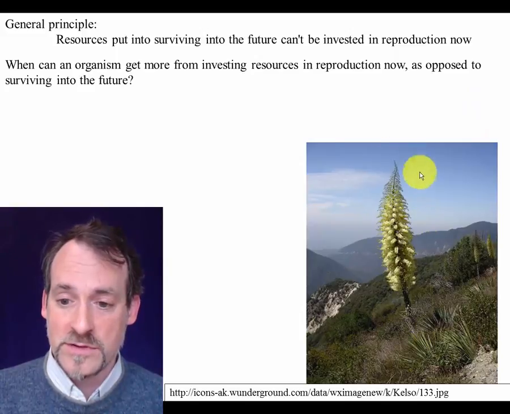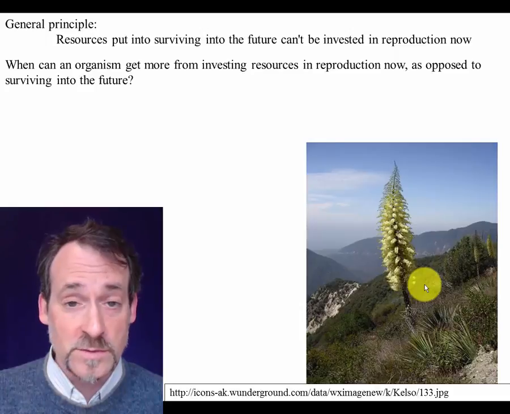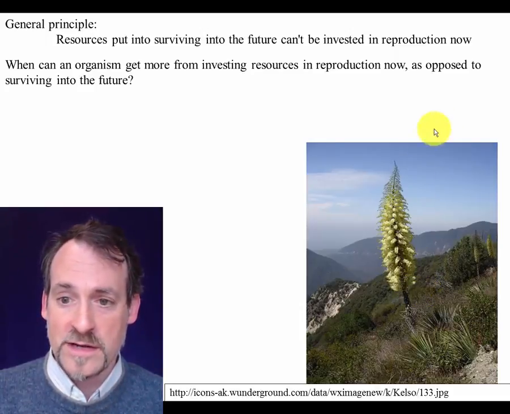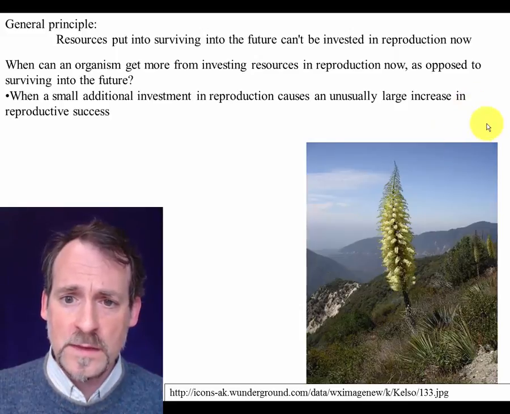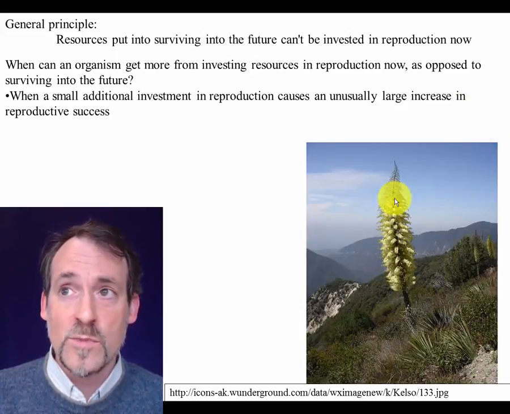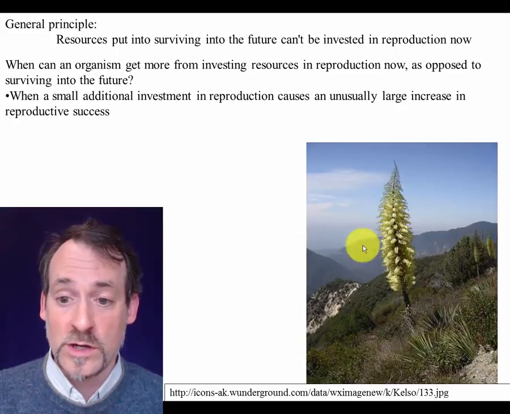This is a great example. This remarkable inflorescence, this group of flowers, is from a yucca plant that grows in the mountains of California. The interesting thing about this plant is that the more it puts into reproduction in one inflorescence, in one flowering stalk, the more of a payoff it gets in terms of reproductive success.